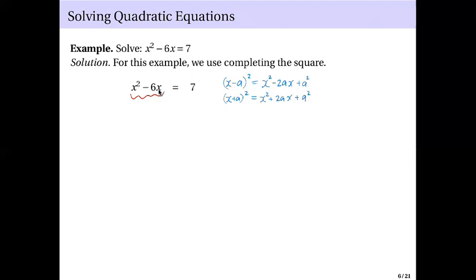In particular, notice you have minus 6x, and in this formula, you have minus 2ax. If we compare these, what we will get is 6 equals 2a, and of course your x is this x.